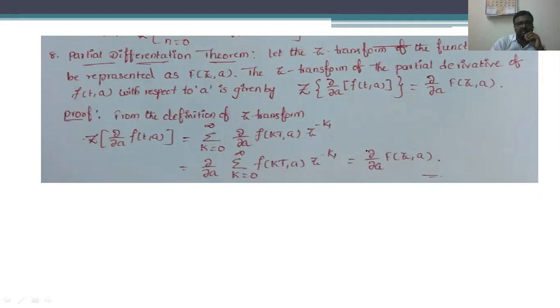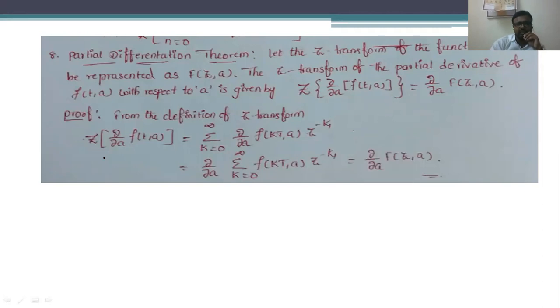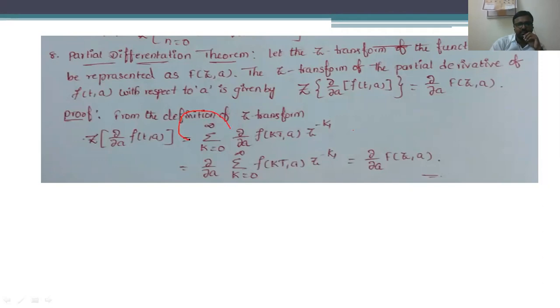So from the definition of the Z transform, the Z transform of the partial derivative dou by dou a is equal to sigma k equal to 0 to infinity dou by dou a of f of kt comma a into z power minus k. Just taking the differentiation outside, it can be represented as dou by dou a of sigma k equal to 0 to infinity f of kt comma a into z power minus k.